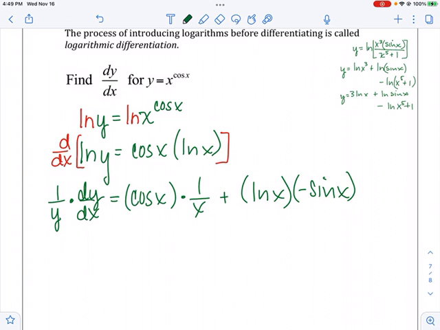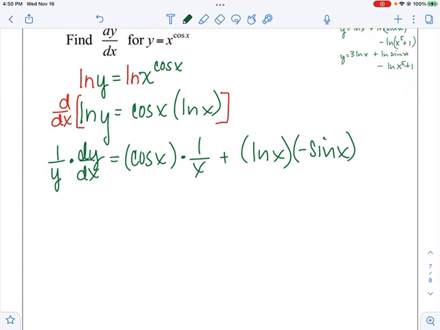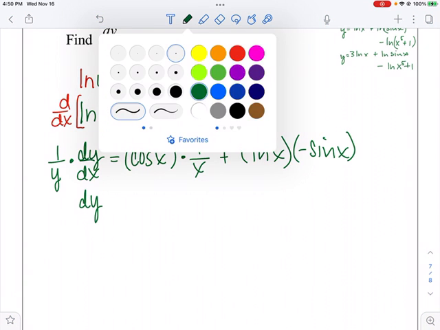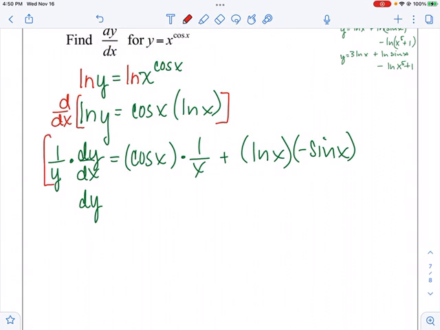Okay? So now we want to solve for dy dx, so we're just going to take the whole enchilada and multiply both sides by y, and we'll do some simplifying as well. So we get dy dx is equal to cosine x over x, and then I'm going to write this as minus instead of plus, because there's a minus sign with the sine.